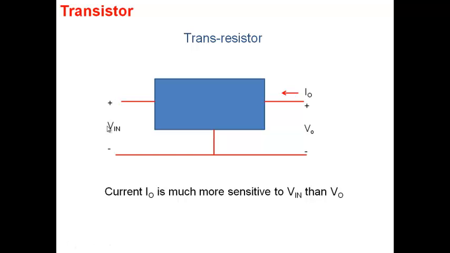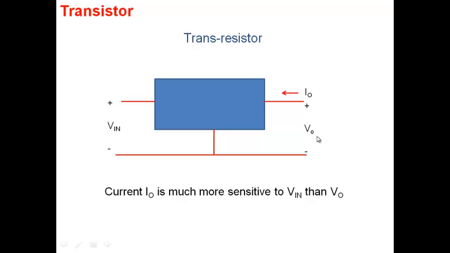That would be the normal behavior of three-terminal devices. A transistor, on the other hand, is just the opposite. It's very sensitive to the voltage applied across some remote pair of terminals, and not very sensitive to V0.